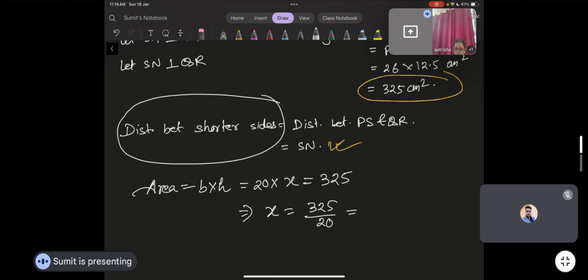If you cancel by 5, it will be 65 by 4, right? You can convert it into decimal by dividing by 4: 16.25. 16.25 centimeters. That is the answer.